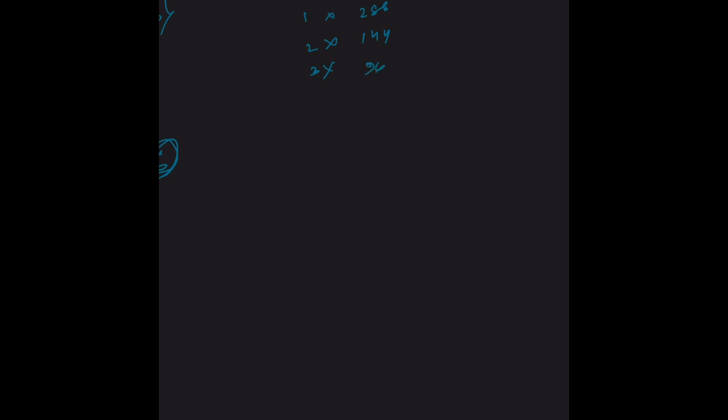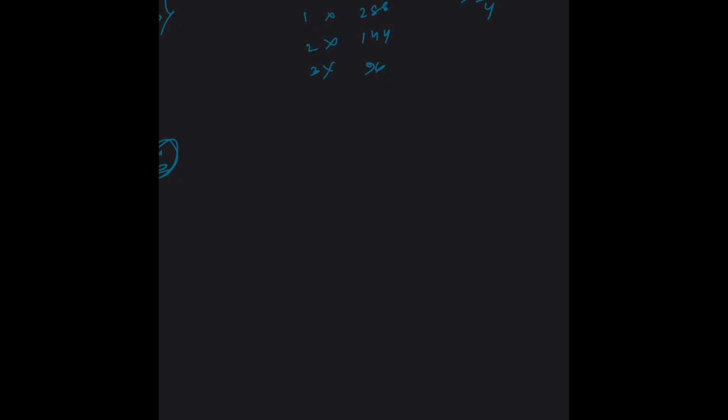Definitely you can see that 288 would be divisible by 4. Also, if we take the last two digits of 288, which is 88, and they are divisible by 4, then 288 is divisible by 4.